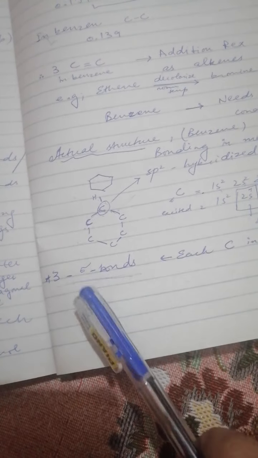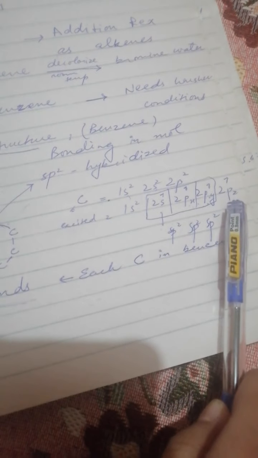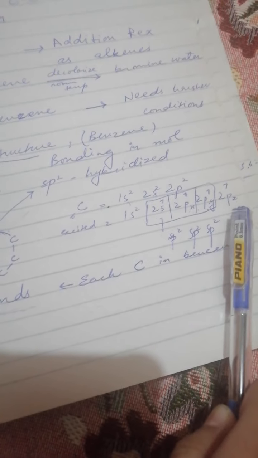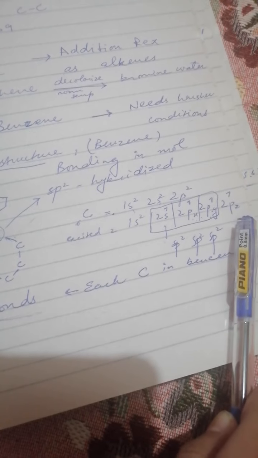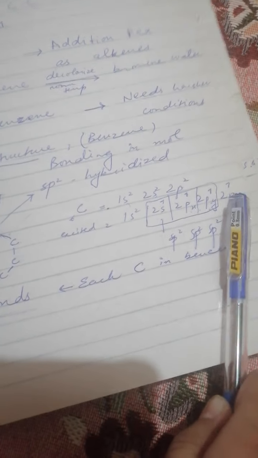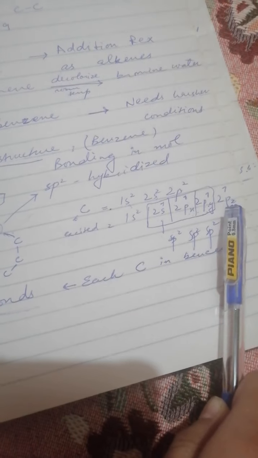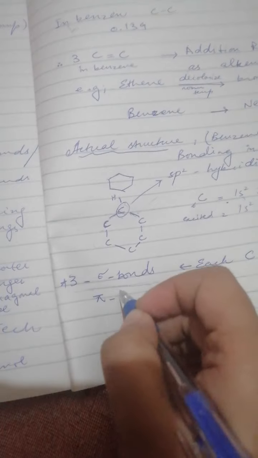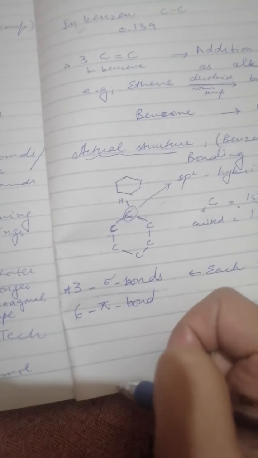That leaves one electron on each carbon atom. So each carbon contributes its one spare electron to a pi bond, and hence six pi bonds are formed.